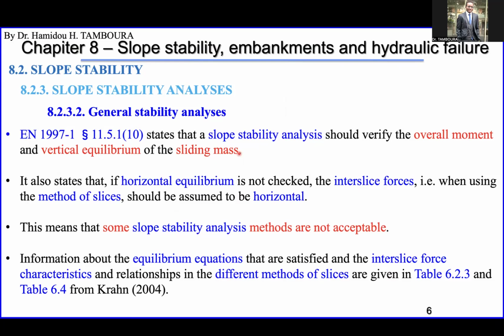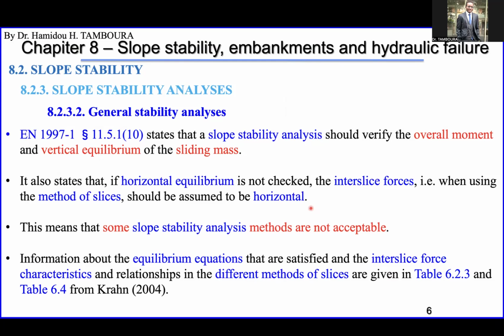And it also states that if the horizontal equilibrium is not checked, the interslice forces should be assumed to be horizontal.